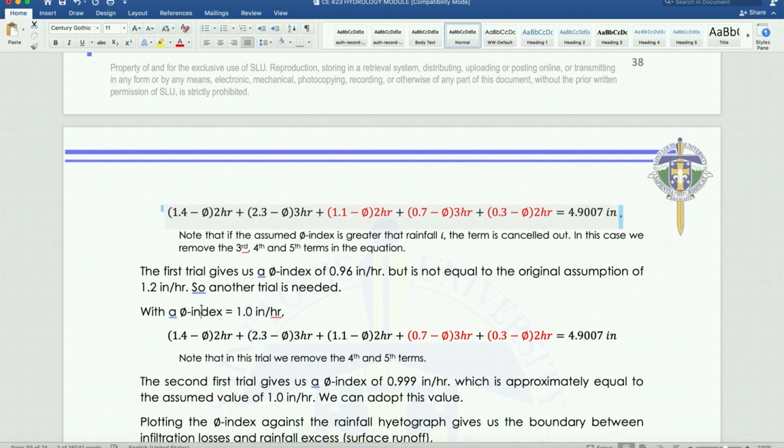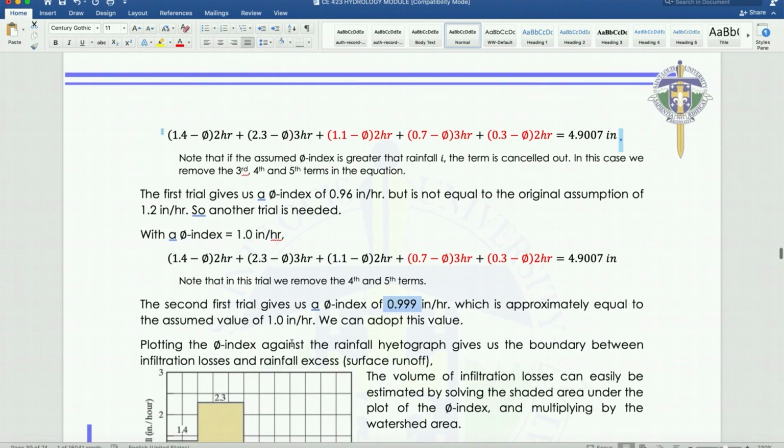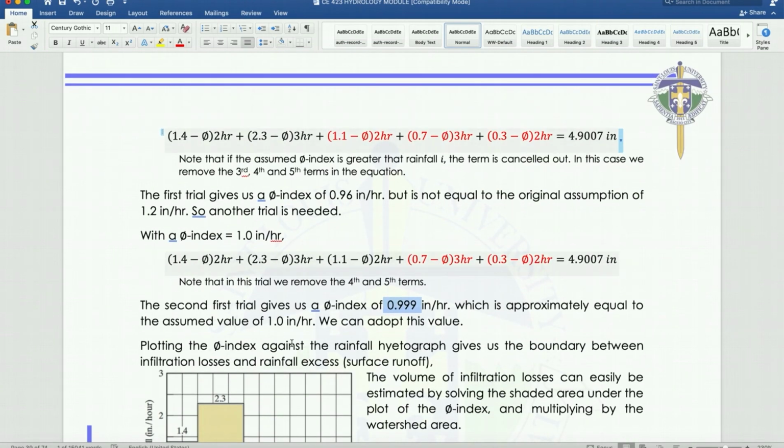Therefore, my phi index, the assumed value of 1, is correct since the phi index and the assumed value are now equal.